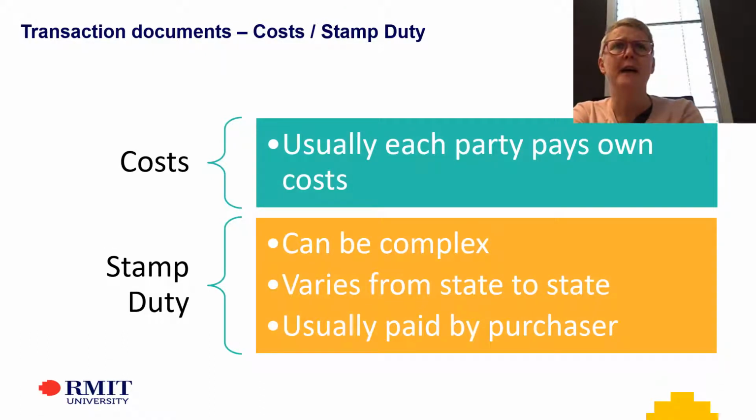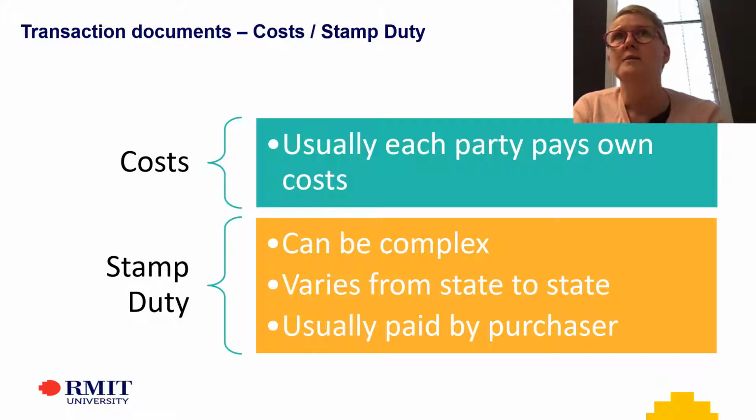You didn't get this far down in the agreement, but something that you will see in pretty much every agreement that relates to a change of control will include who pays the costs and who pays stamp duty if it's applicable. So usually each party pays their own costs, but there might be specific elements of the costs that are given to one party to pay for.